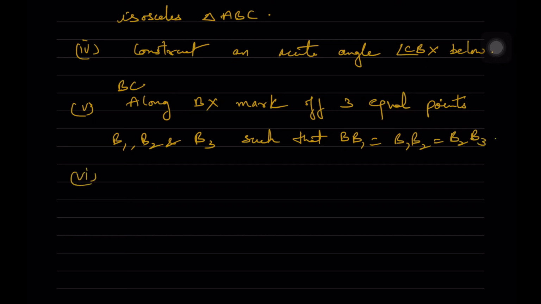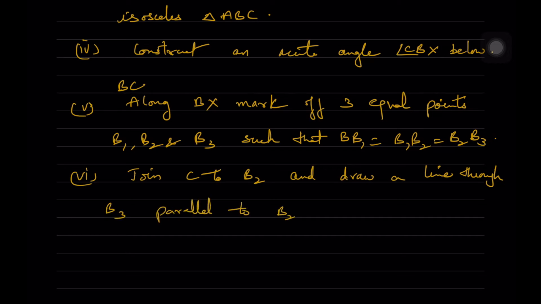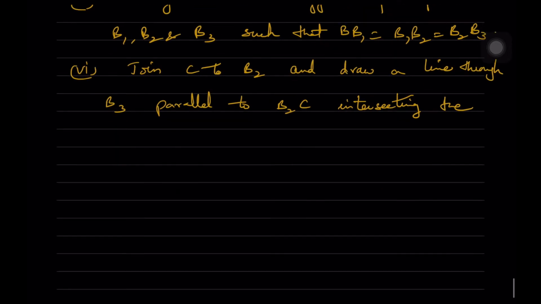Then sixth one is join B2 C and draw a line through B3 parallel to B2C intersecting the extended line segment BC at C dash.